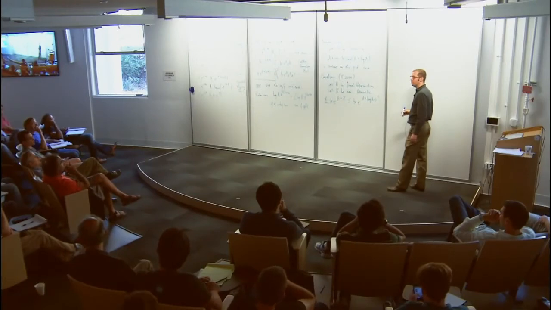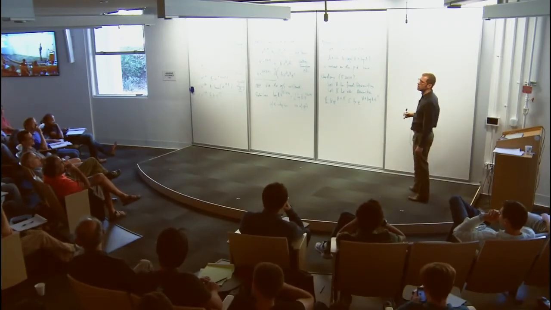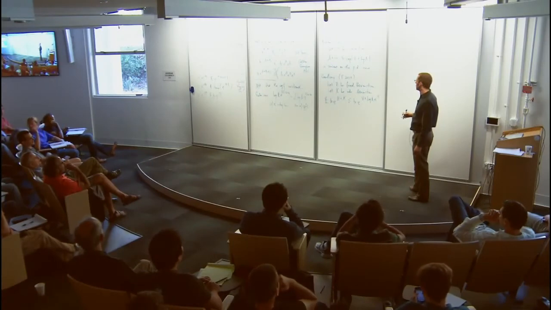I do. How do you do it? Can we talk about that a little later? Yes. And then just another question. If I replace H by A, then this is the quantum entropy of A, right?